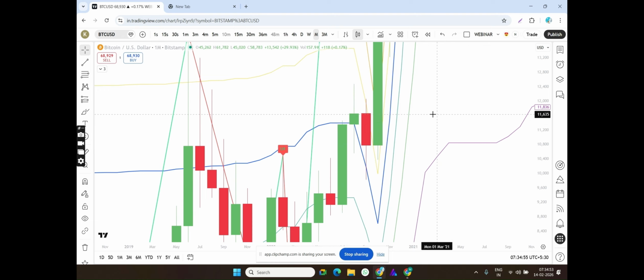So this is how you will maintain your stop loss as per your capital on a percentage basis. That is capital deployed by you, and the stop loss could be on the percentage basis.